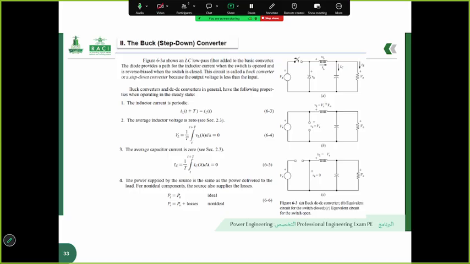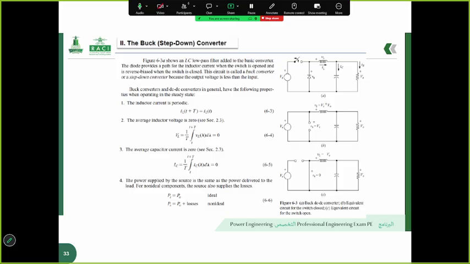This follows from the principle of inductor volt-second balance. Average capacitor current is zero. This means that over one switching cycle, the capacitor does not accumulate charge.